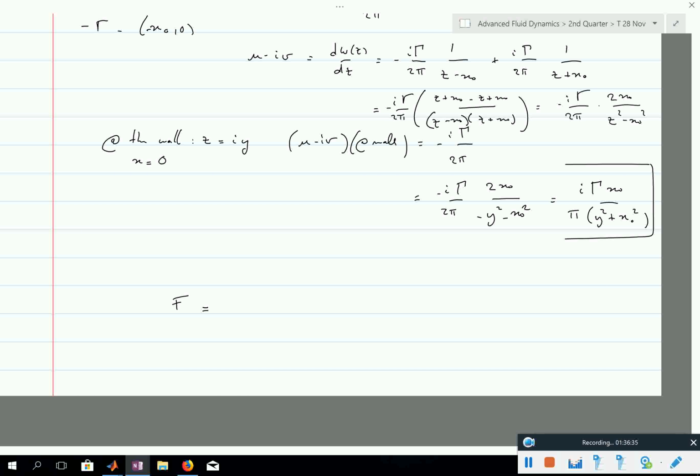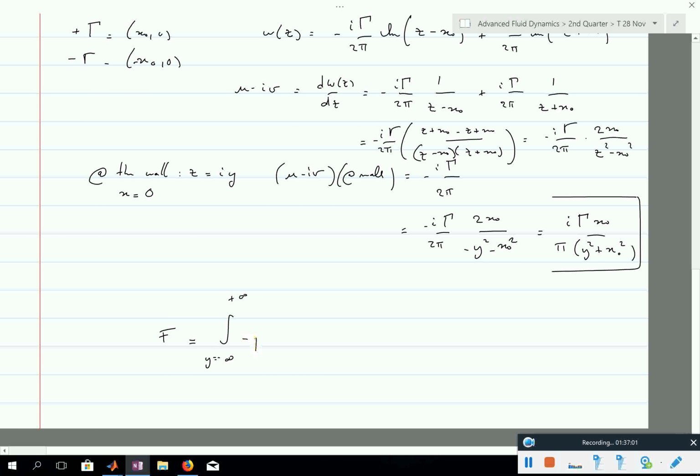The integral of pressure. Integral from where to where? From y equals minus infinity to plus infinity of what? The pressure. No, not shear stress, if we're in inviscid flows. It's minus the pressure, but then it really depends on which direction, times your normal vector.